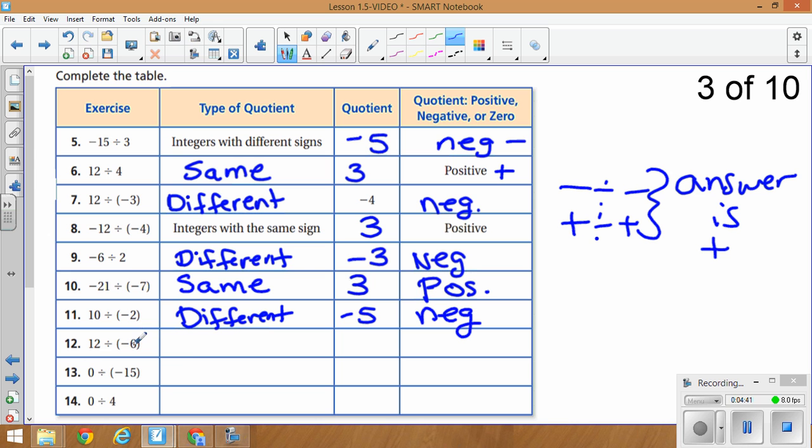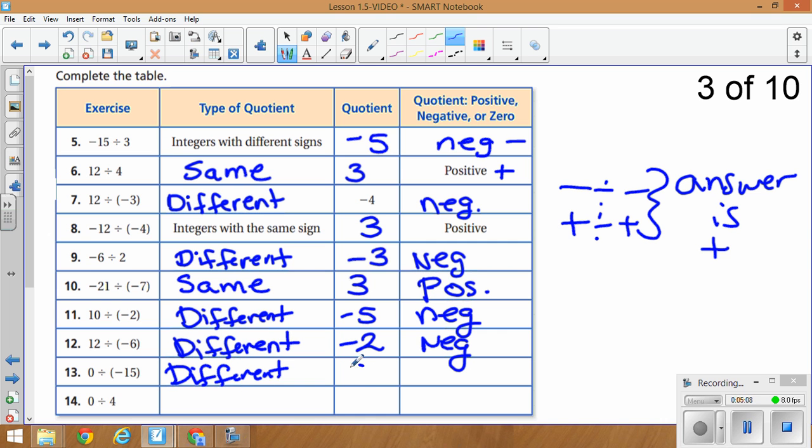12, we have 12 divided by negative 6. The signs are different, so my answer is going to be negative, and 12 divided by 6 is 2, so I have a negative answer. 0 divided by negative 15. Since I'm dividing by two different signs, I have different.